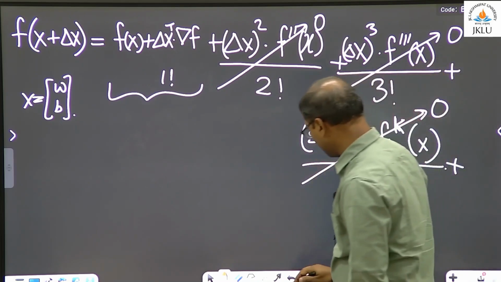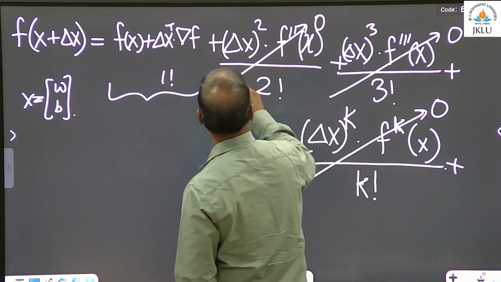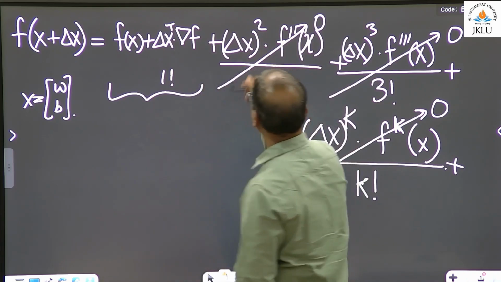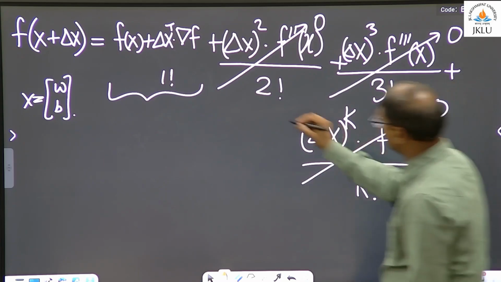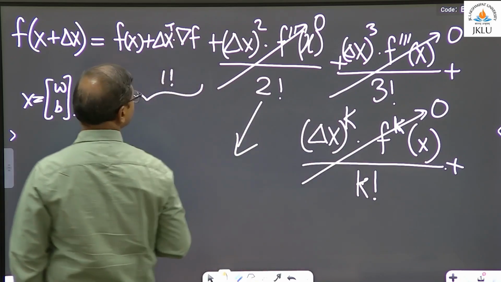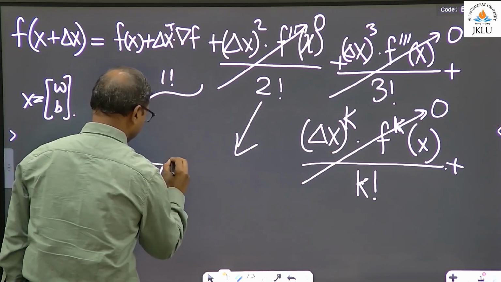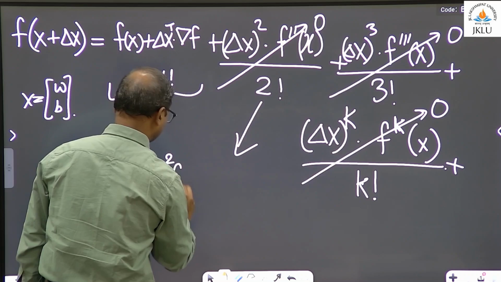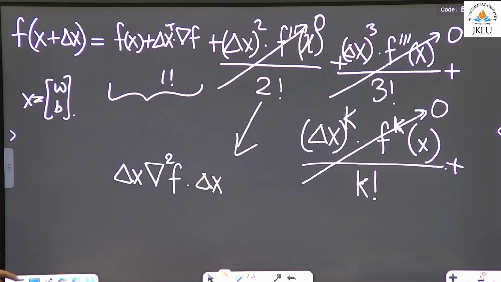What will happen to the next one? Even though they are supposed to be 0 anyway. What will happen to the next term? Can I simply do delta x square? What will be this term? It will be delta x transpose del 2 f delta x. Of course, by factorial 2 will be there. How do I change this? Where do I put the transpose in this case?